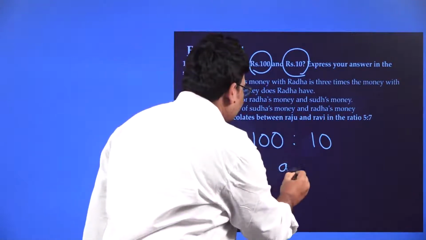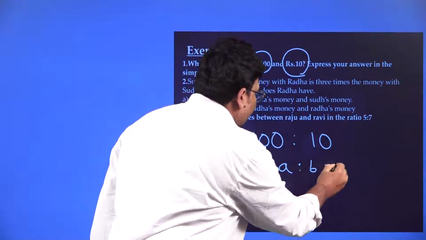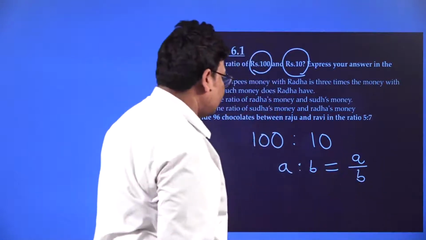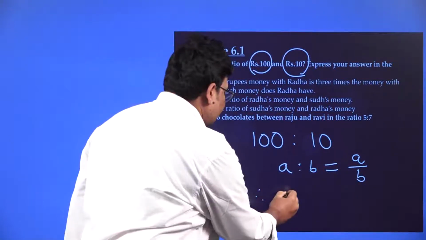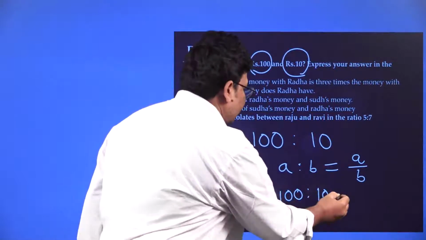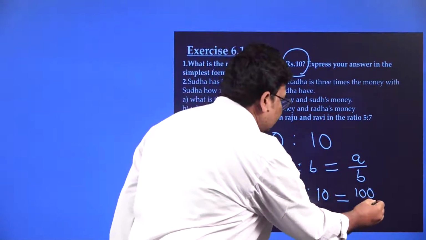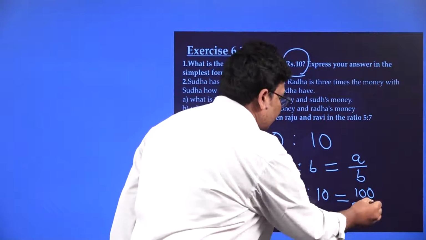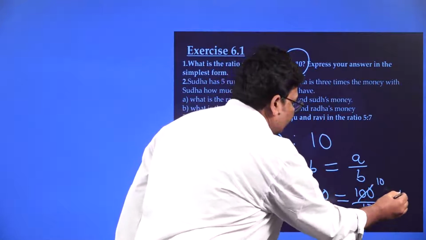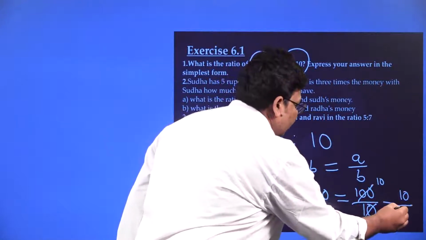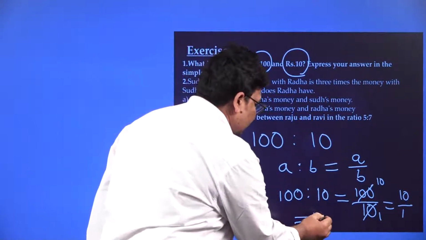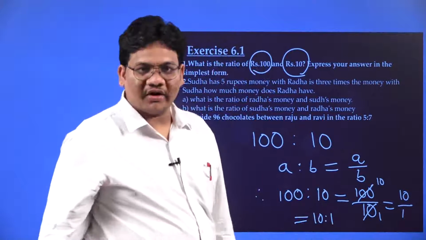So A is to B is also written as A by B. Therefore, 100 is to 10 is also written as 100 divided by 10. 10 ones are 10, 10 tens are 100. Now 10 divided by 1. The ratio is 10 is to 1.